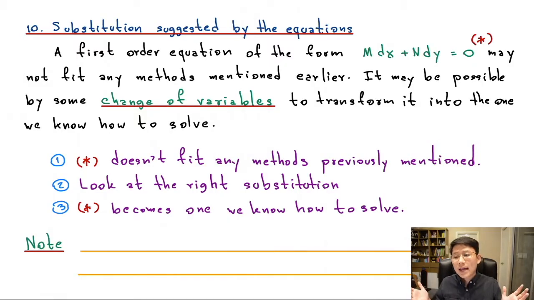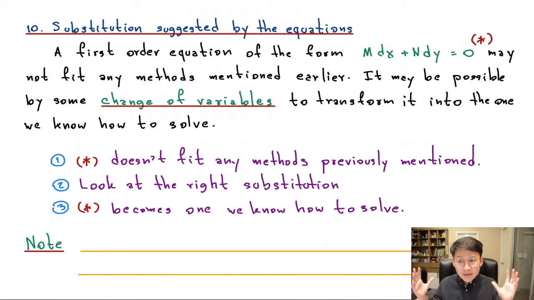We have been looking at the form M dx plus N dy equals 0, which is the first order differential equation, and we have 8 forms, 8 methods: separable, homogeneous, when the coefficients are linear equations, exact equations, Bernoulli, Riccati, the linear equation, integrating factors.